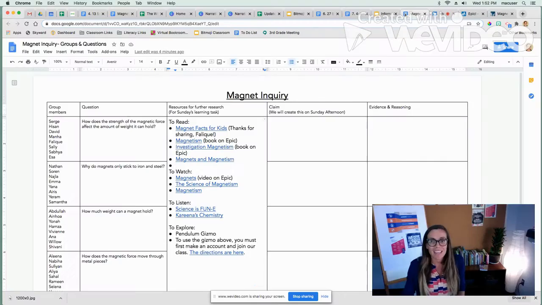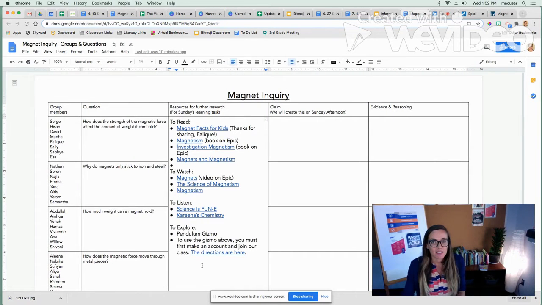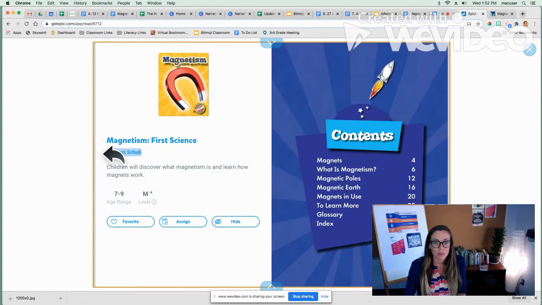So for my reading today, I've picked two of the resources that were linked on the magnet resources here. The first one is the Magnetism book on Epic, and the second is the Magnets and Magnetism article. So I'll pop over. Here's the book Magnetism.